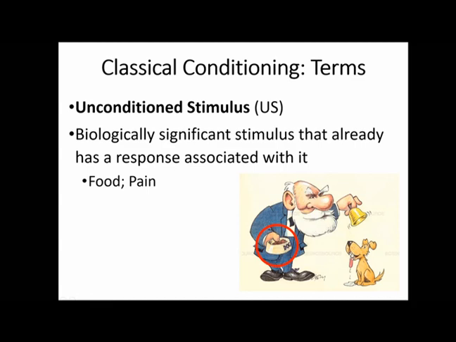They're going to exhibit pained behavior. And that is an automatic response. It's just going to happen. So this unconditioned stimulus isn't something that they have to learn to respond to. They're just going to respond naturally to it. So it's unconditioned, meaning that they didn't have to learn it.